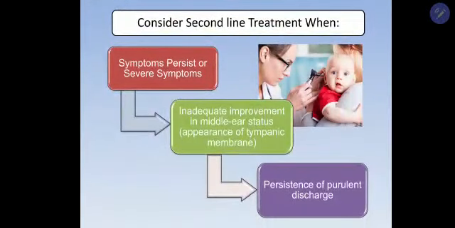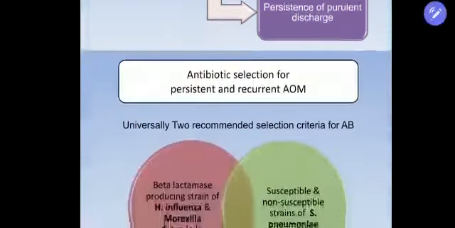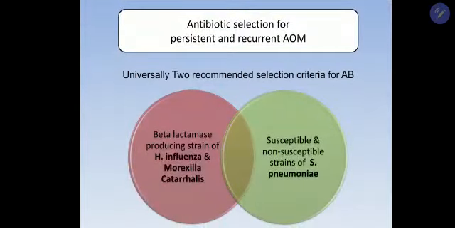Then if first line treatment does not help, obviously we go to the second line. If the patients are not settling with it, then you have to switch over to another antibiotic. These antibiotics can be in other forms. You see again Haemophilus influenzae, Moraxella catarrhalis, and pneumococcus; we have to focus on these.